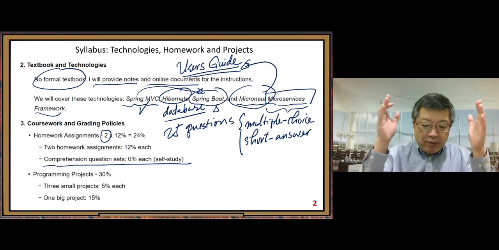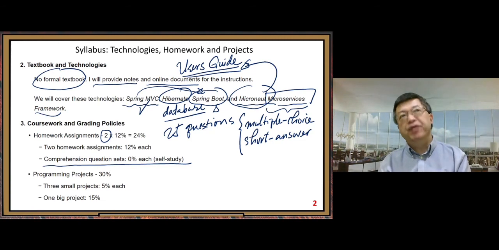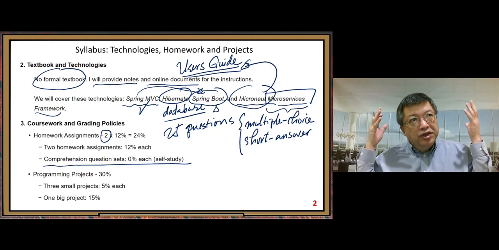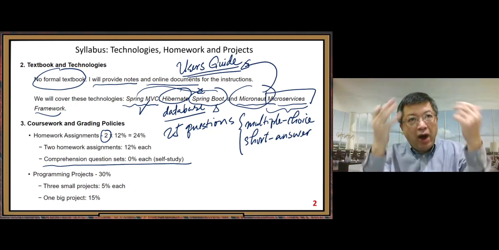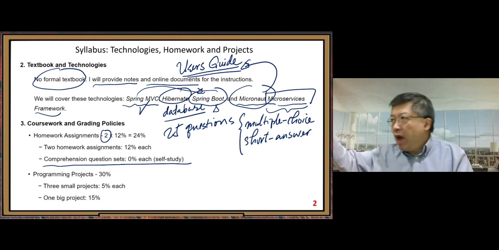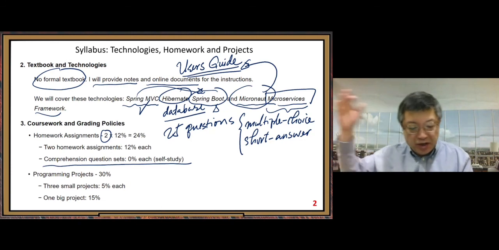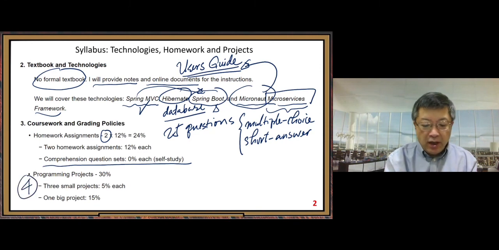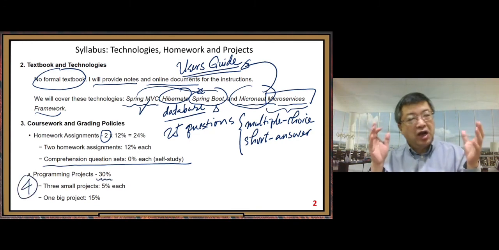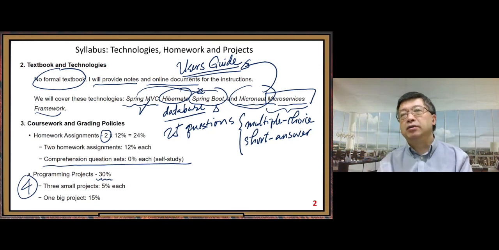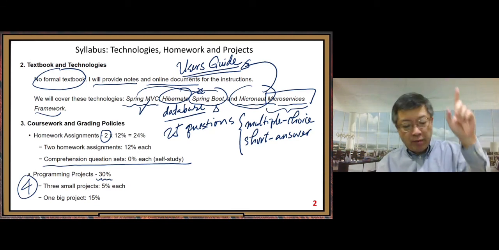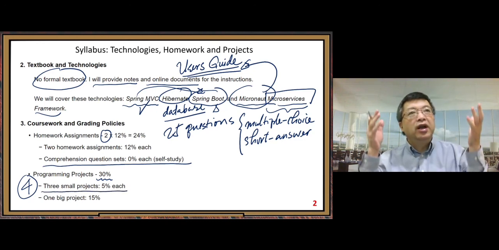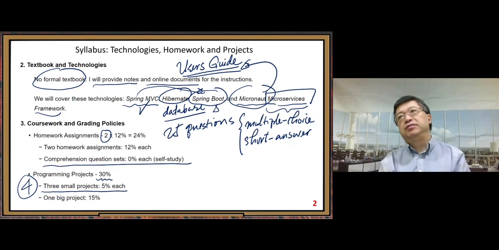Then programming projects. That's a big part of this class. To learn these advanced technologies well, you have to do a lot of programming projects. Here you can see I give a total of 4 programming projects, 30% of this class. Among the 4 projects, the first 3 are small projects, each only 5%.